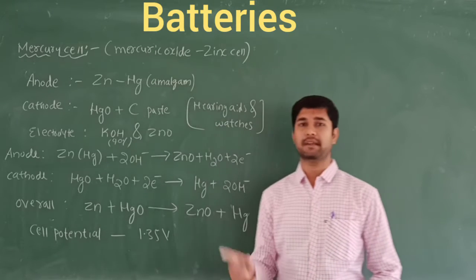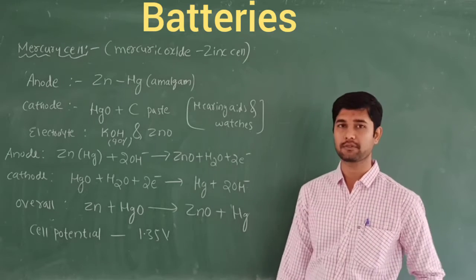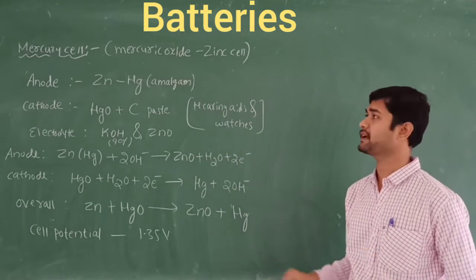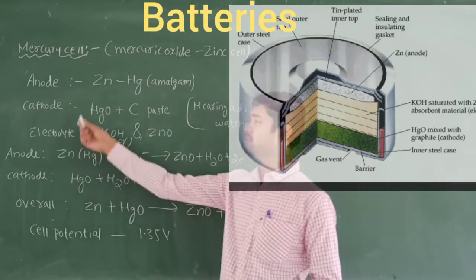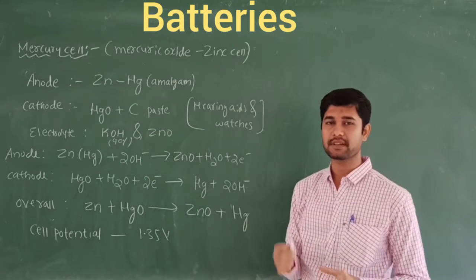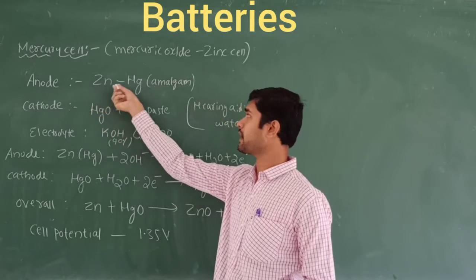Let's discuss the primary cell. In that, we are going to discuss the mercury cell. The mercury cell is nothing but the mercury oxide and zinc cell. A cell must contain an anode as well as a cathode, because the reactions should take place there. The anode we are going to take as zinc amalgam.